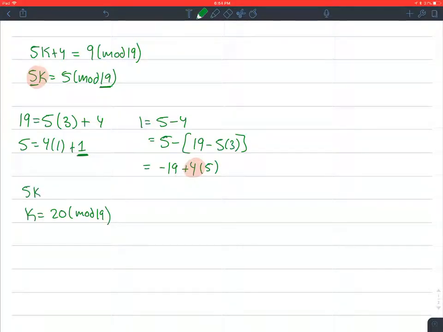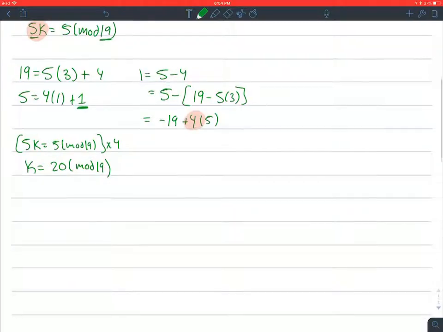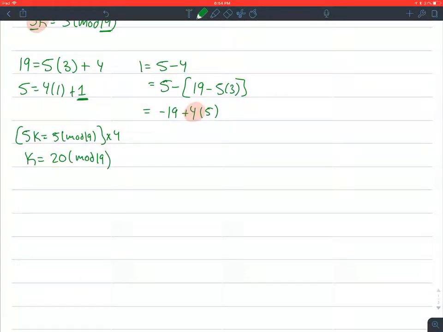If I rewrite this, 5k equals 5 mod 19, I'm just multiplying this whole thing by 4. So now I know that this can be simplified further. I know that 19 can go into 20, so this is equal to 1 mod 19.